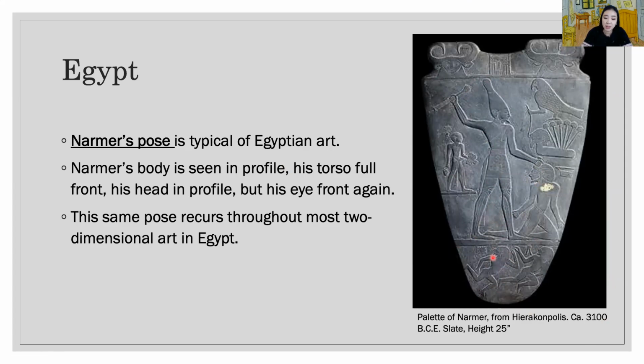Narmer's body is seen in profile, his torso full front, his head in profile, but his eye front again. This same pose recurs throughout most two-dimensional art in Egypt.